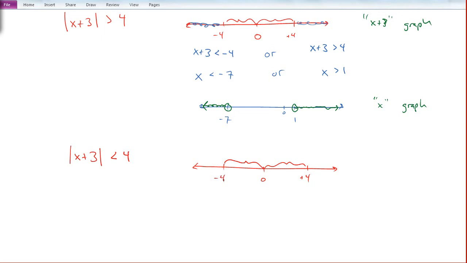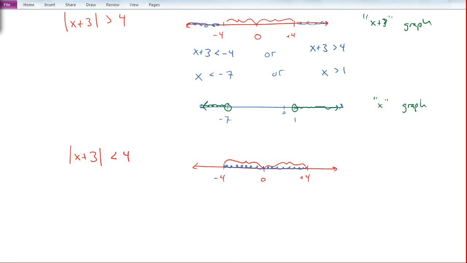And I've got to get this x plus 3 quantity having an absolute value less than 4. So therefore, the distance from 0 to x plus 3 has to be less than 4. That means that x plus 3 must fall within this part of the number line.